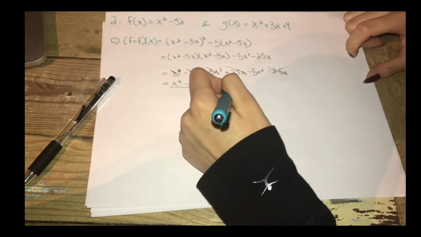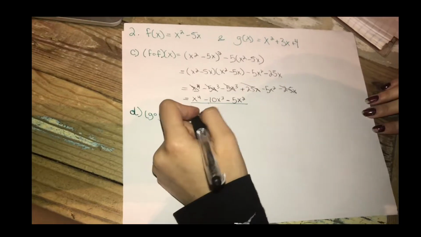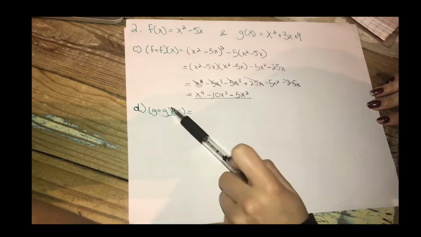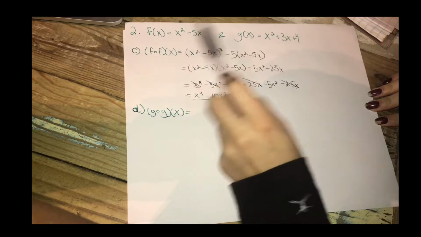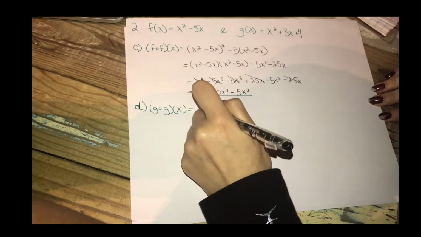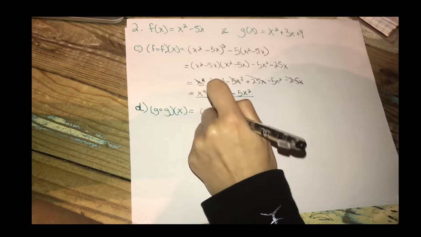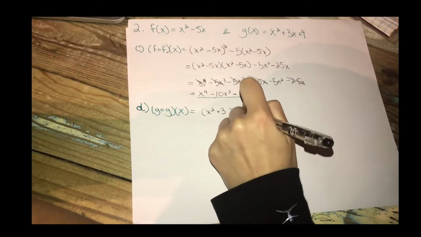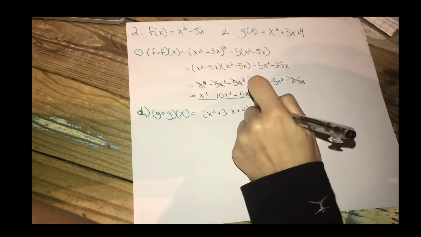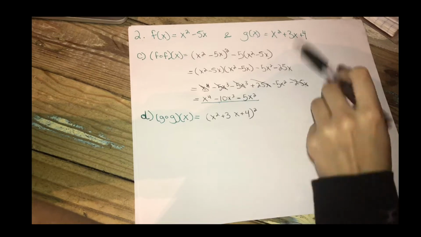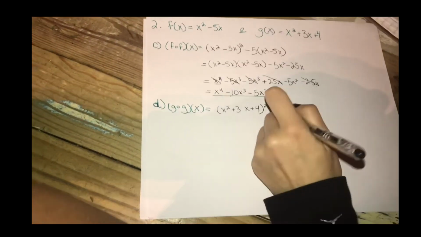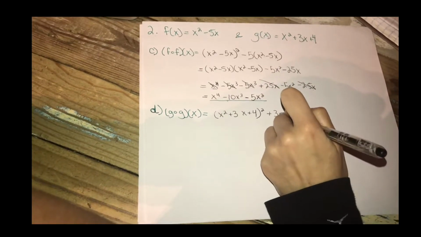For D, it would be the same thing as C, but instead of f of f, it would be g of g. So you would substitute each x on g of x with the same solution, with the same problem. So it would be x squared plus 3x plus 4, squared, and then plus 3, substitute the x with the equation, so x squared plus 3x plus 4, and bring down the 4.